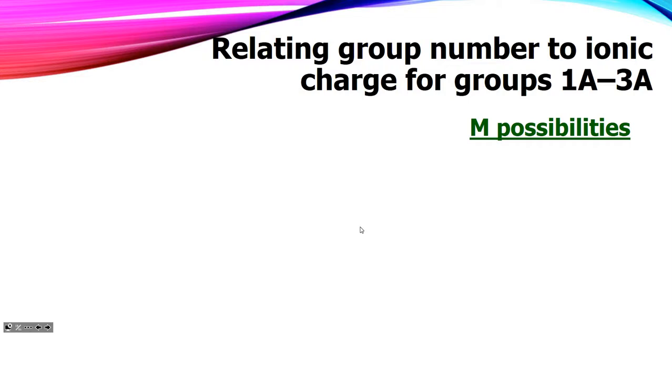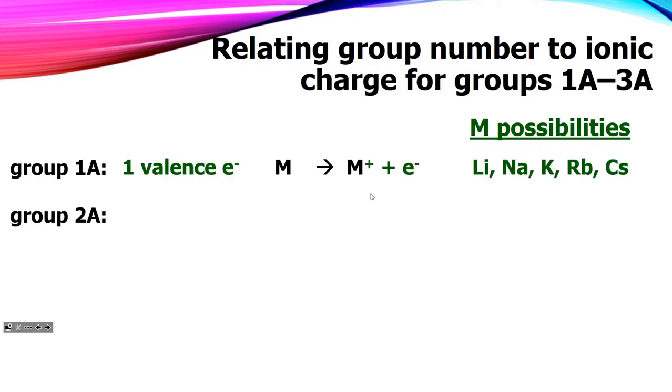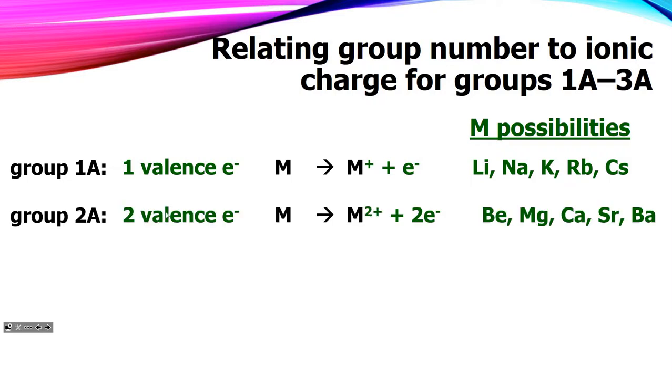So relating up to the group number, what's actually happening? In group 1A, you have 1 valence electron. So you start here with an atom and you have 1 valence electron. So 1 electron is taken off and you leave the metal with a +1 charge. This is the alkali metals, so lithium's column. Group 2, we have 2 valence electrons.